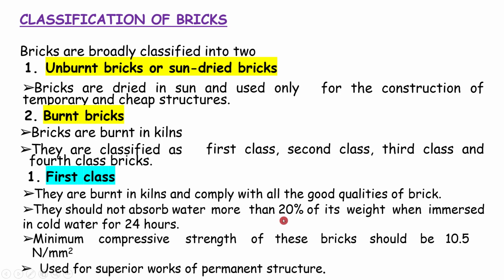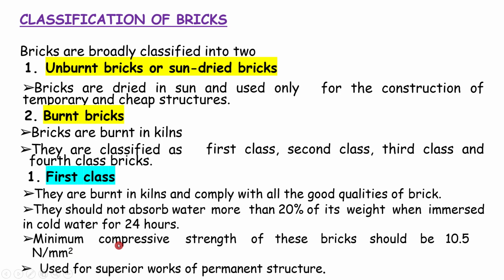So when you put the brick in cold water for 24 hours, the weight should not go beyond 1200, because 1000 plus 20 percent of 1000 is 200, so the value should not go beyond 1200.